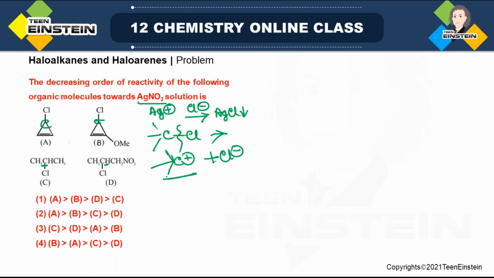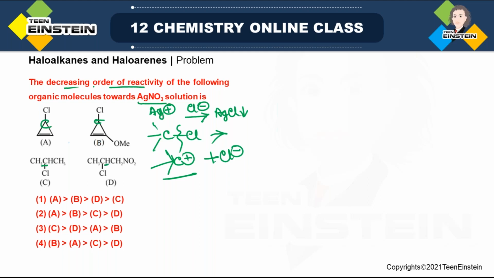So basically, if you want to know the order of reactivity, whether it is decreasing or increasing, you have to understand in which case the carbocation will be maximum stable. So the question is actually asked in an indirect way, but the direct question is, you have to find the stability order of the carbocation that you will be getting from all these haloalkanes after the cleavage of the carbon chlorine bond, because SN1 reactivity is directly related to the stability order of the carbocation.